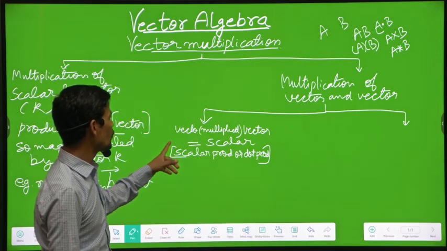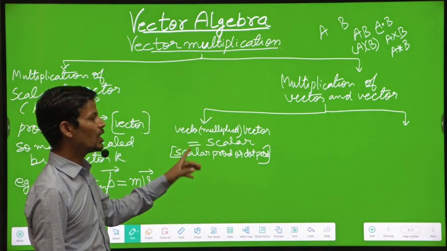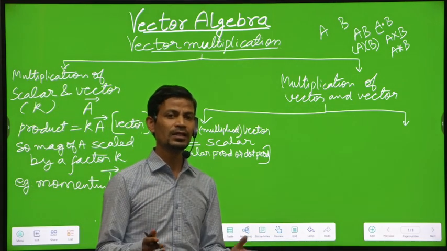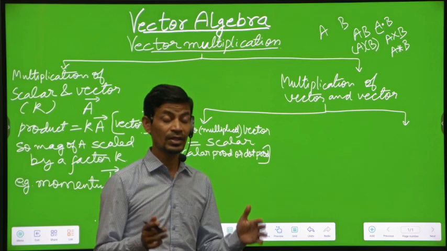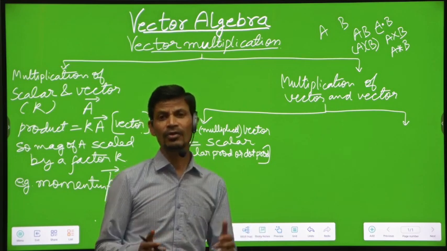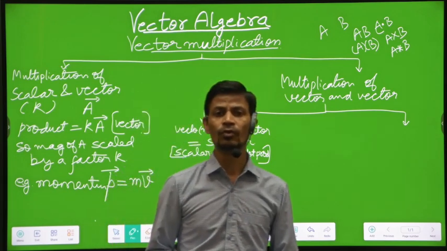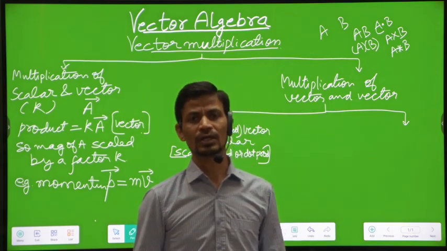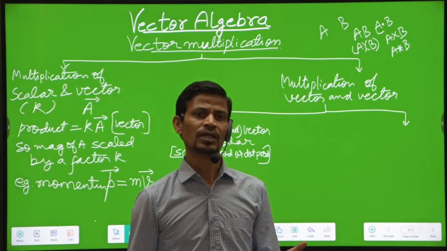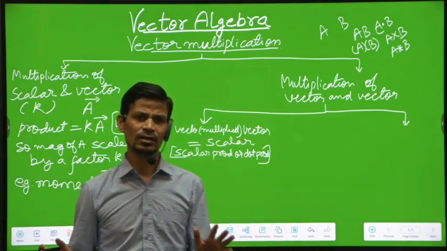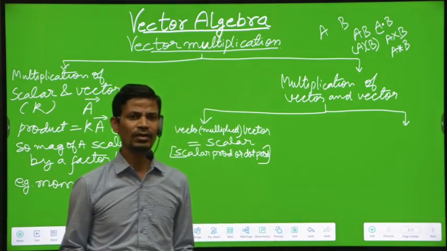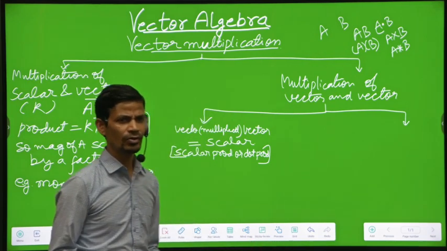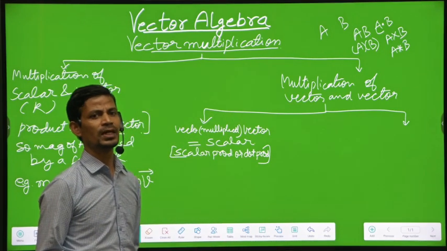So if we are multiplying two vectors and the result is scalar, how are we going to know that the product is a scalar quantity? For now you don't worry, but later on you will come to know which quantities are scalar.